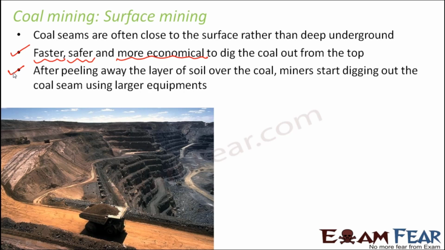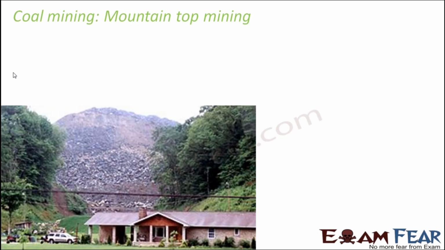For digging purposes there are equipments available. Since the coal seams are not very deep inside, all they need to do is just remove the top layer of soil. Once that is removed, you should be able to find the coal seam, and then you start digging the coal seam using bigger equipment so that you can bring out the coal to the surface.